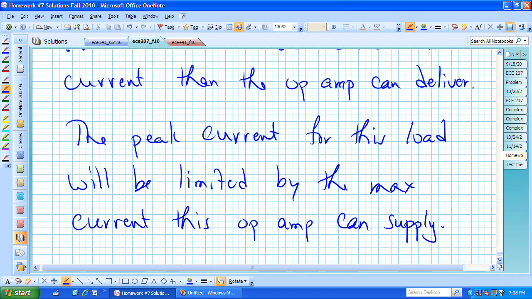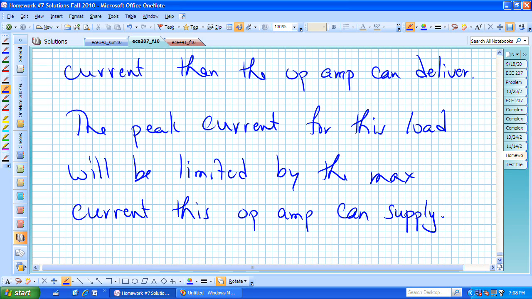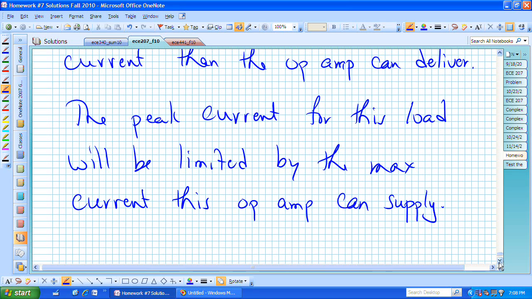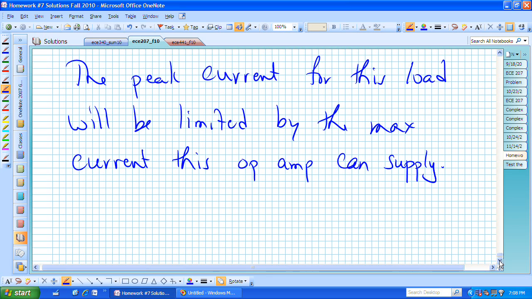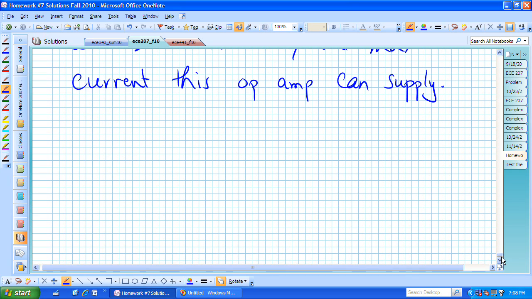And the maximum voltage that this op-amp can supply when it reaches its current limit is going to be the current limit max times the load resistor.